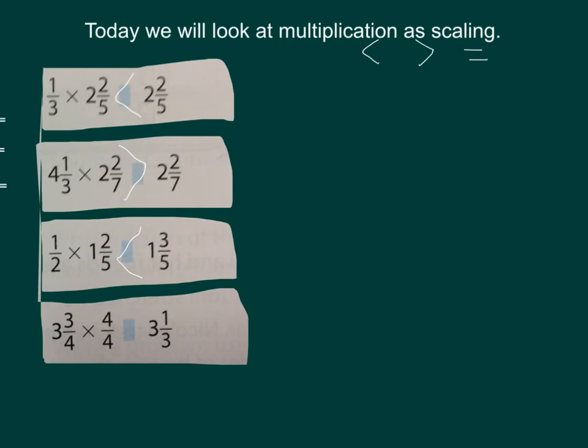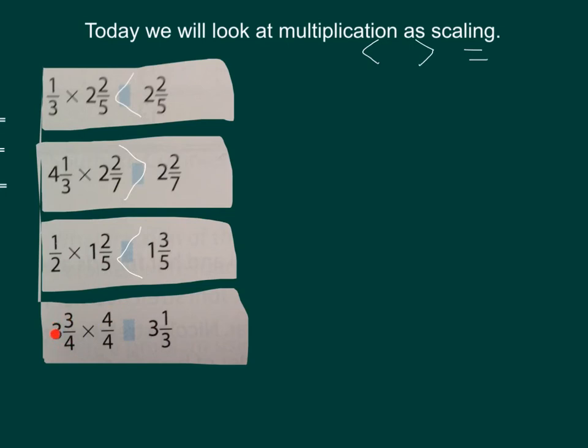And the last one we're going to look at is 3 3/4 times 4/4. Is it less than, equal, or greater than 3 1/3? Now we know when we multiply by a fraction that's equivalent to 1, we're going to get the same fraction or an equivalent fraction.